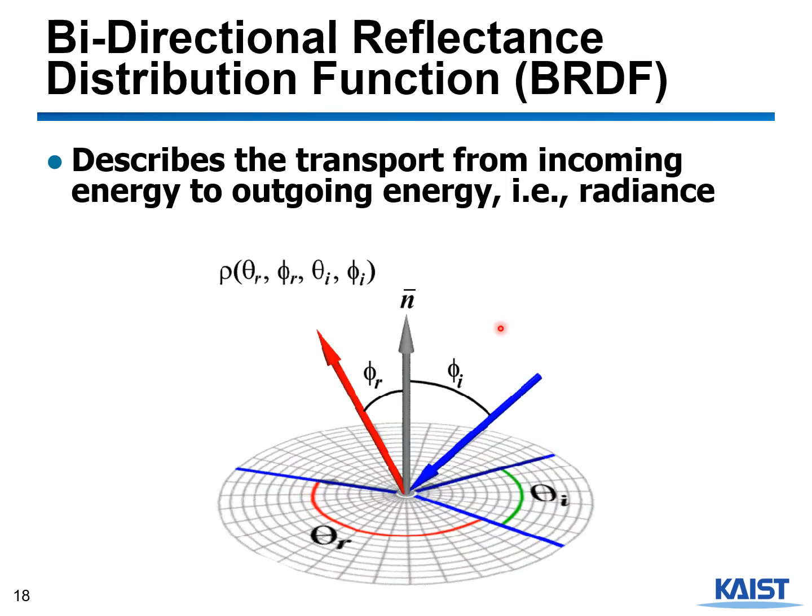When you define this kind of material, we typically use a function called the BRDF, the bidirectional reflectance distribution function. It describes the transport from the incoming energy to the outgoing energy. Typically, the outgoing energy is the radiance. I don't want to give you the mathematical definition of radiance, but you can just treat it as the energy.